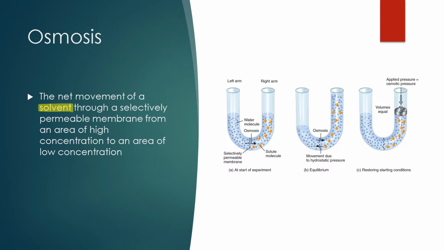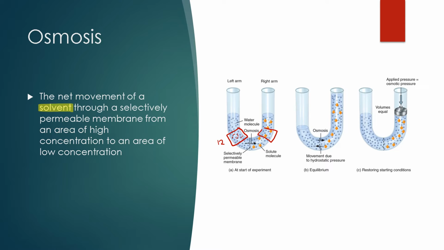So this is really when molecules of water move from an area of high water concentration to low water concentration. It's kind of counterintuitive to the other types of diffusion we've talked about, but we can think of it as the density of water by itself in a small area. Here we have 1, 2, 3, 4, 5, 6, 7, 8, 9, 10, 11, 12, for example, molecules of water in that small area.